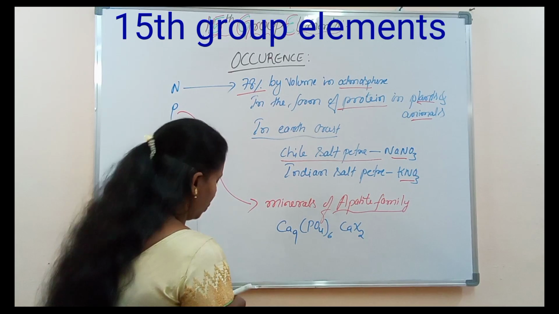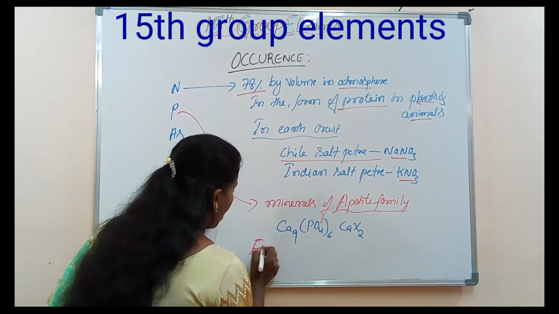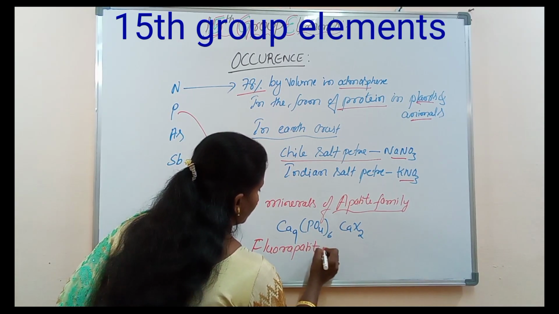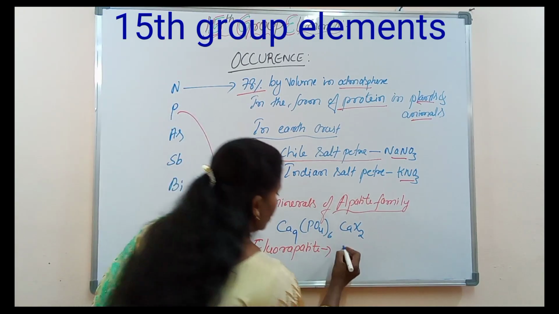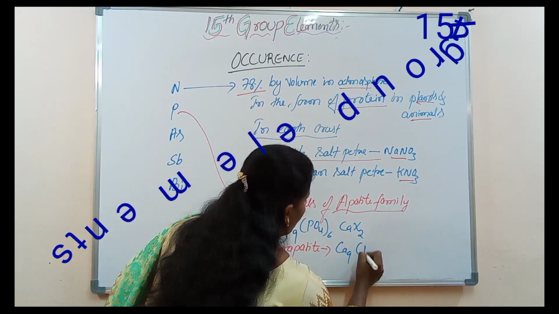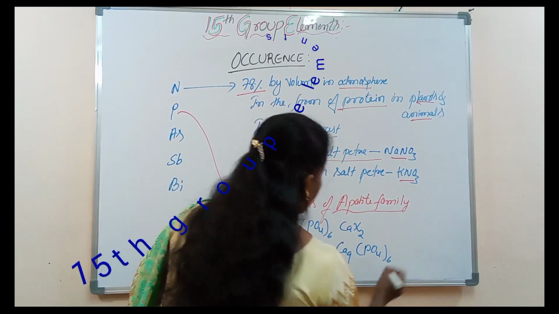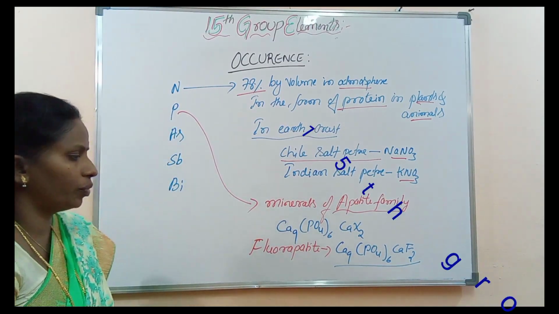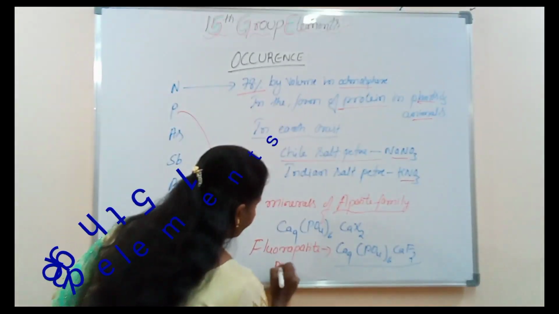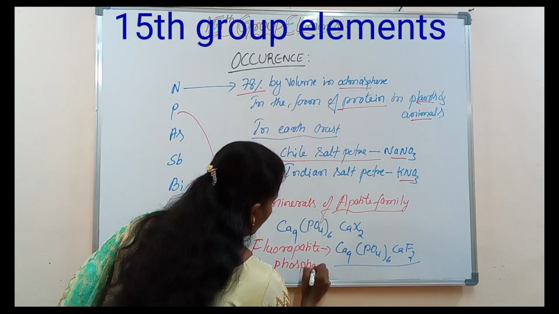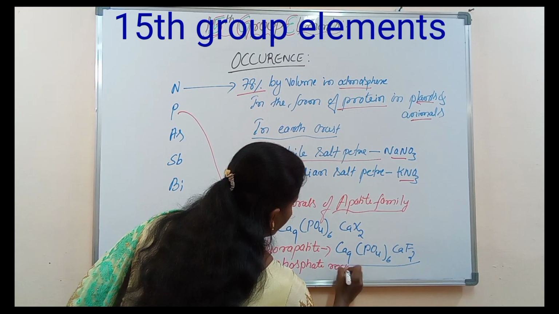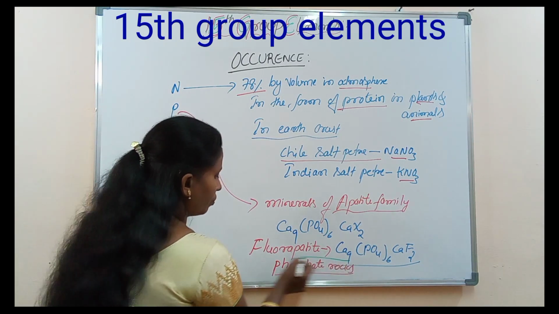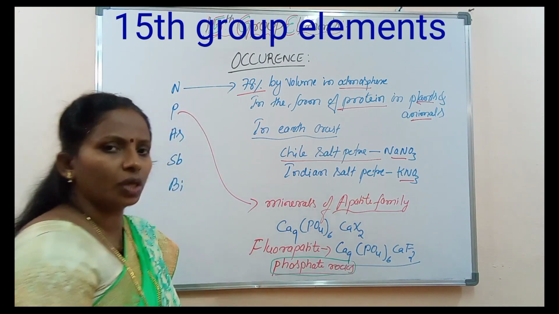In that, fluorapatite has the molecular formula Ca9(PO4)6CaF2, which is part of rocks, so that it is called phosphate rocks.